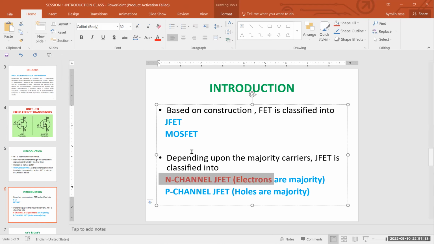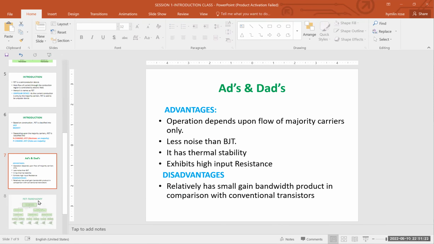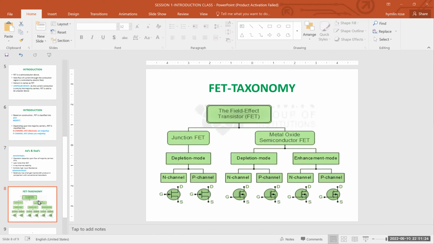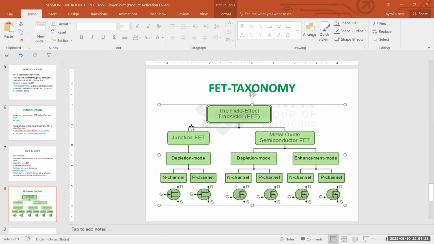Similarly, the MOSFET is a somewhat different category. There are two other types: the depletion mode and the enhancement mode. These are the two types of metal oxide semiconductor device. But the junction field effect transistor, which we classify as N channel and P channel, operates only in depletion mode.